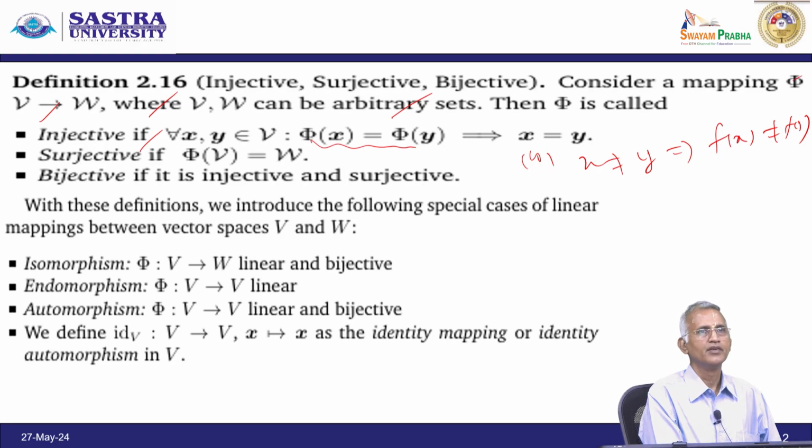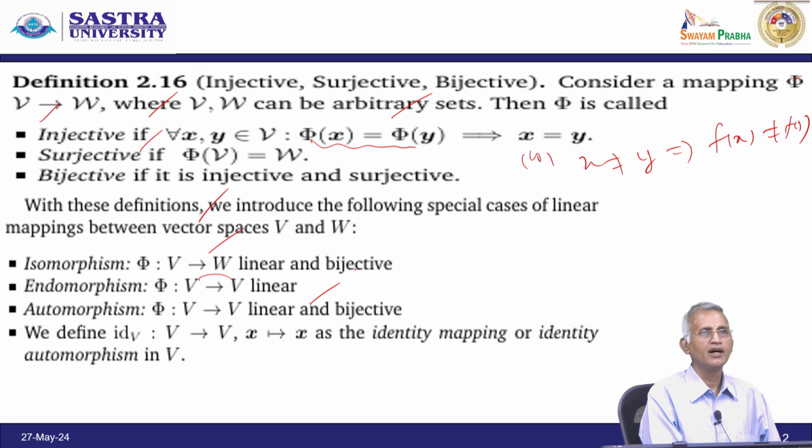With this definition, we introduce the following special cases of linear mapping between the vectors from domain to codomain. If you say it is isomorphism, then it should be linear and bijective. If it is endomorphism, then it is V to V, domain and codomain the same vector space, and it is linear. If you say it is automorphism, then it is both one to one and onto and linear.